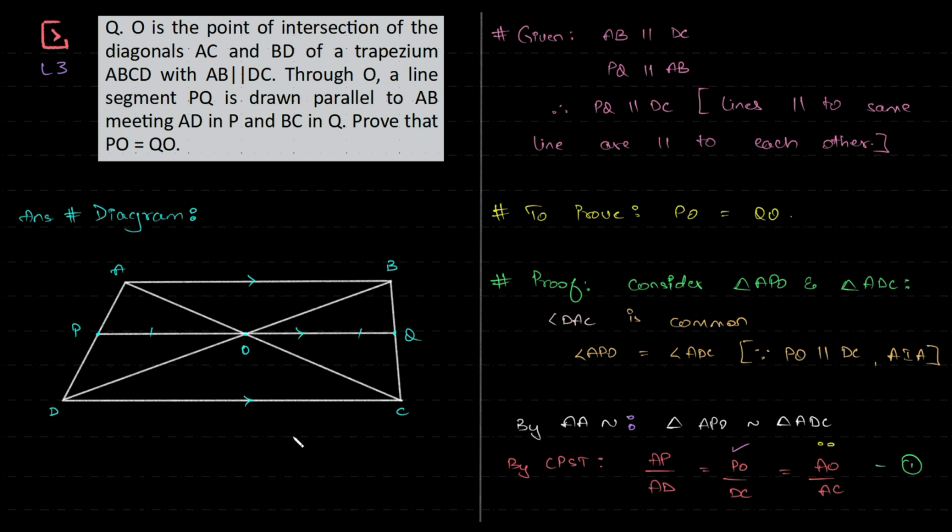That's why I took similarity. See, common sense. So if you think and do it, you should be answering your own questions. Like I was just confused. Why didn't I use BPT? Again, there will be some way we can use it, not that we can't, but somewhere along the line we have to use similarity also, because we have to relate PO and everything else. PO and OQ can be related only with similarity, right? That's one of the possibilities.